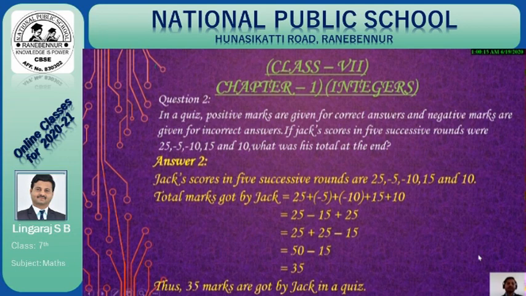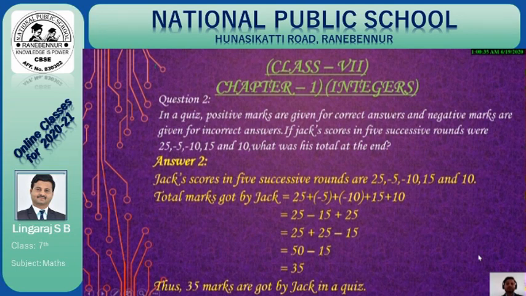So you have to concentrate on this. In a quiz, positive marks are given for correct answers and negative marks are given for incorrect answers. Jog's scores in 5 successive rounds are 25, minus 5, minus 10, 15 and 10.